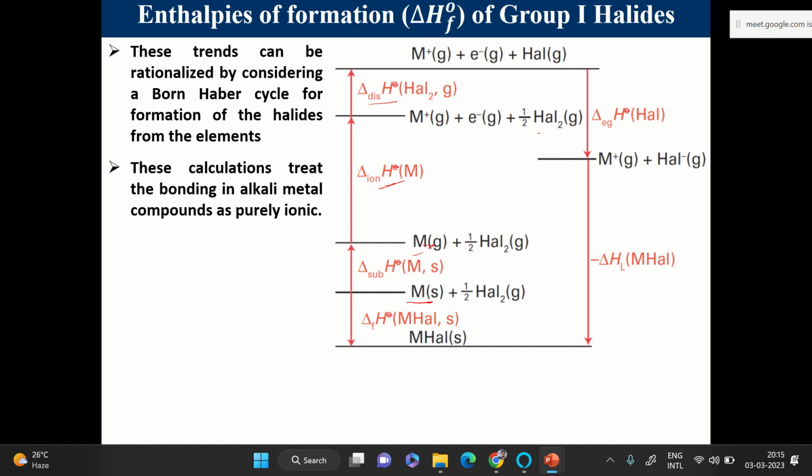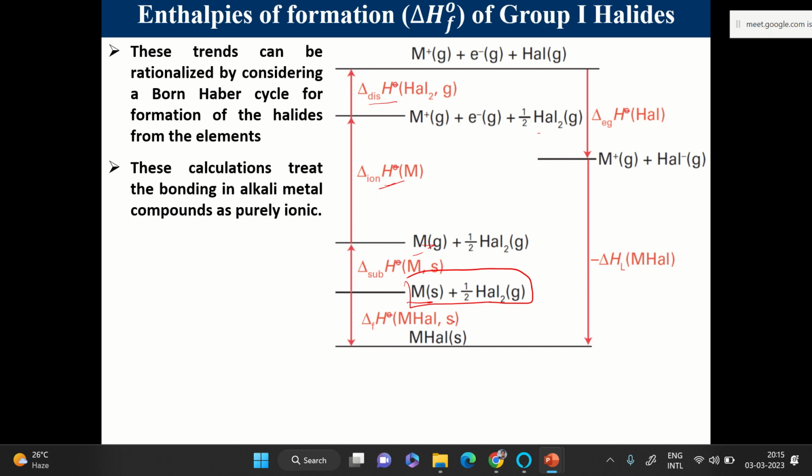So the Born-Haber cycle is similar to what we did in the class. Nothing unusual here, and you can see the arrows. You started with this reaction, MHal, so this is the halide. This is the halide ion.